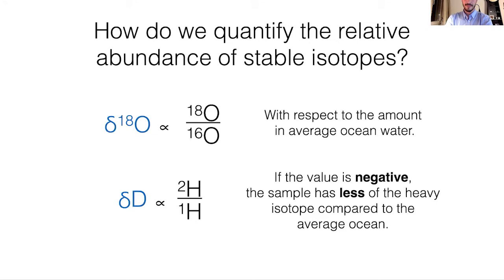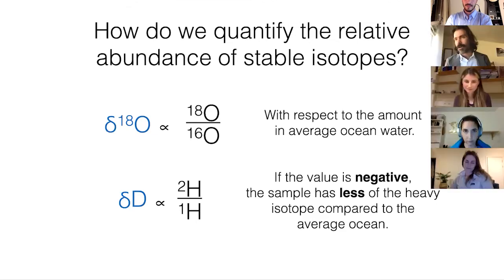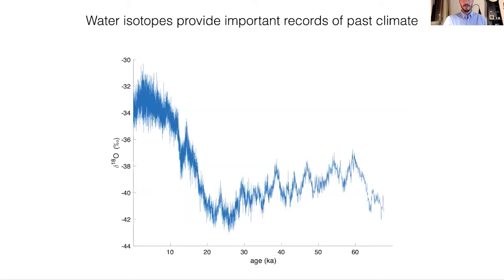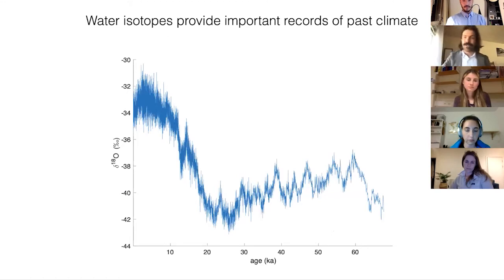The only reason I'm interested in this is because as water moves through the Earth's hydrological system, these delta values of the different stable isotopes change, and they change with respect to the climatological conditions that the water experiences. Because of that, we can go somewhere where snow falls and measure the water isotopes in the snow that accumulated there, say in Antarctica, over hundreds or thousands or hundreds of thousands of years.